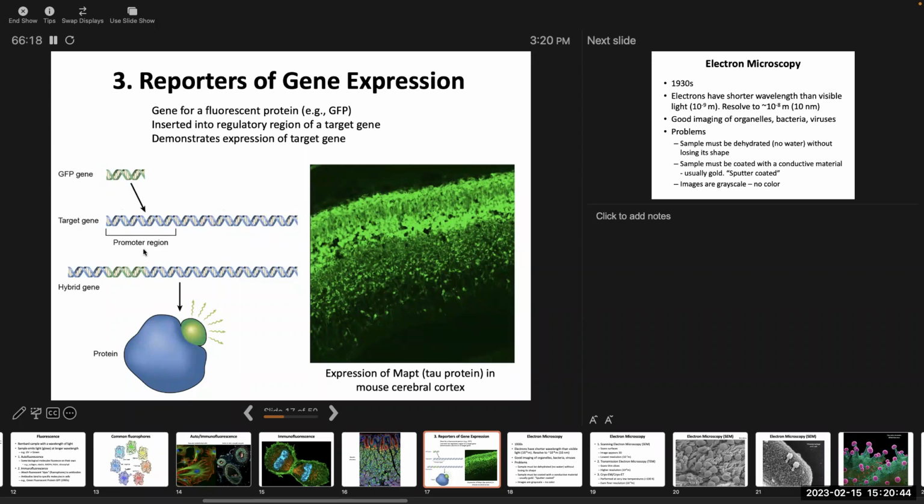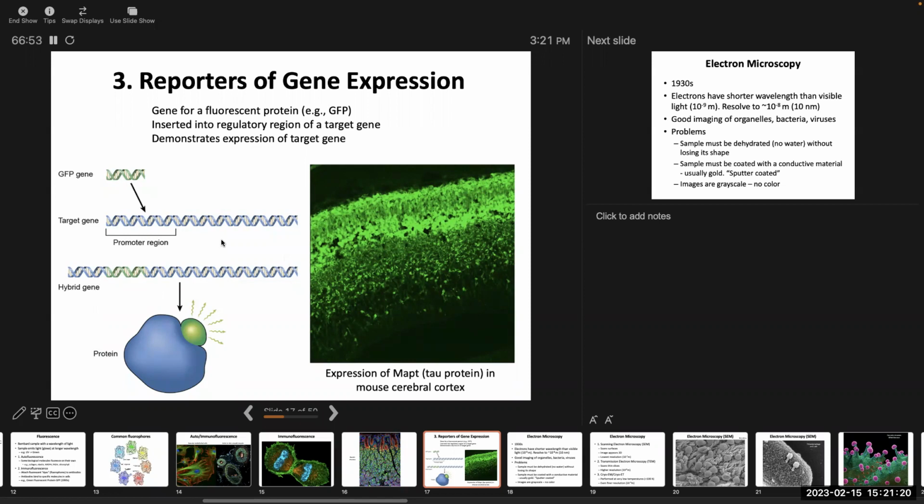So what you do is you take the gene for a fluorophore, the gene for one of these fluorescent proteins like GFP, and you insert that gene into the regulatory region of the gene that you're interested in, and you create a new hybrid gene.